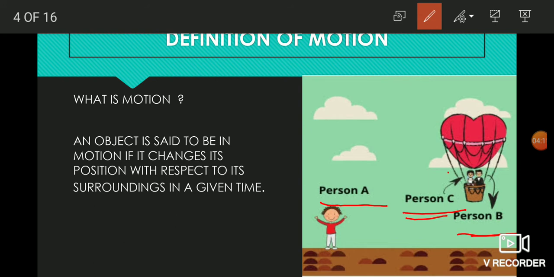With respect to person A, I am moving. I am in the hot air balloon, and since A is stationary, with respect to A, I am moving. But with respect to person B, I am not moving.